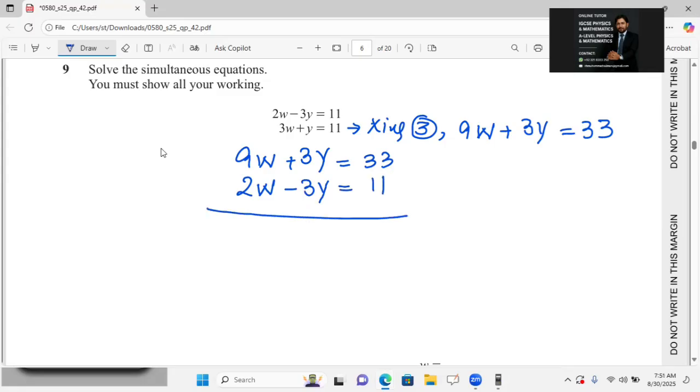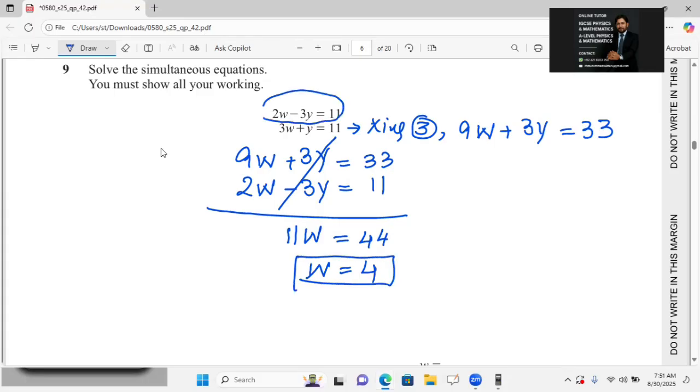What will happen? I am going to just add both of them. Then it is going to cancel out because plus 3y minus 3y equals 0. 9w plus 2w, 11w is equal to 44. W is equal to 4. By putting this into this equation for w to get y, so 2 into 4 minus 3y is equal to 11.